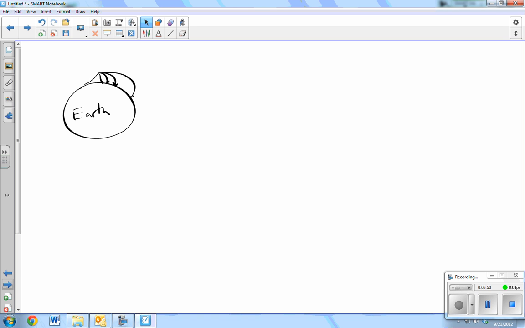What if you shot it so fast that the amount of distance that it fell was the same amount as the Earth curves? It falls a little bit, but the Earth curves a little bit. It falls, the Earth curves, it falls, and falls, and falls. So it's in constant free fall, but it never hits the Earth.